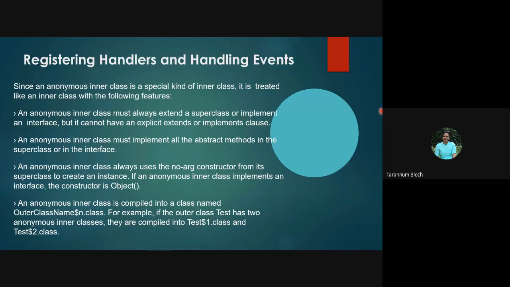It is having certain characteristics, and those characteristics are like your anonymous inner class must always extend a superclass, or it has to implement an interface, right? But it can't be having any explicit extension or implementation clause, right? We can't write directly extends or implements.